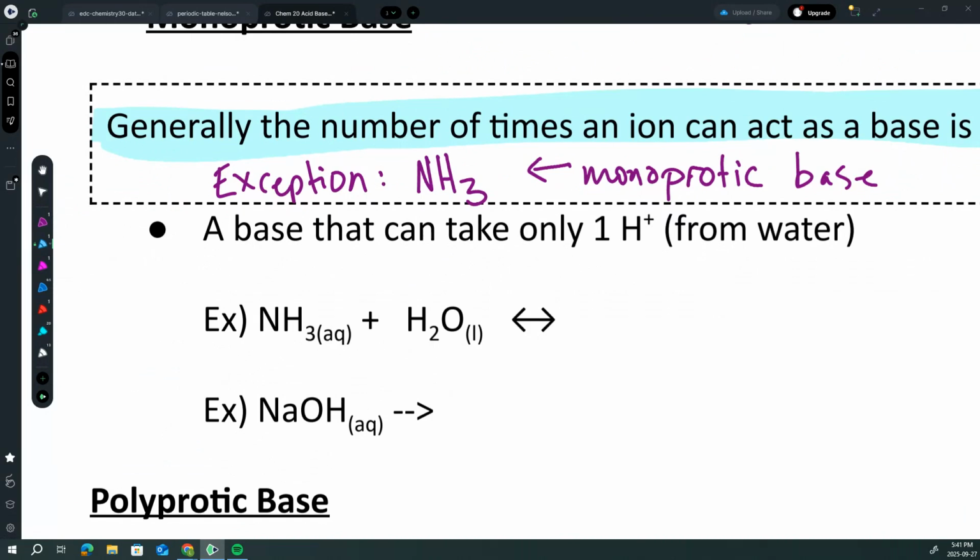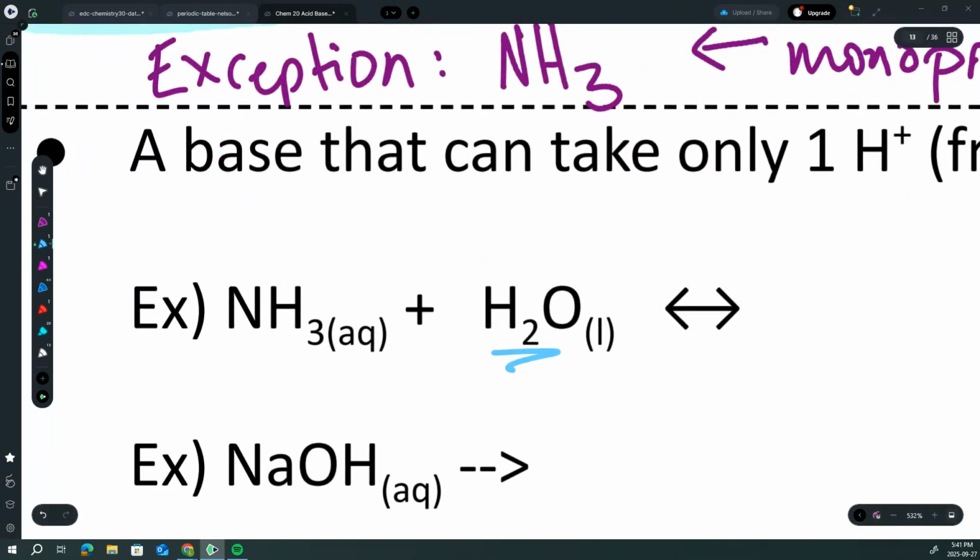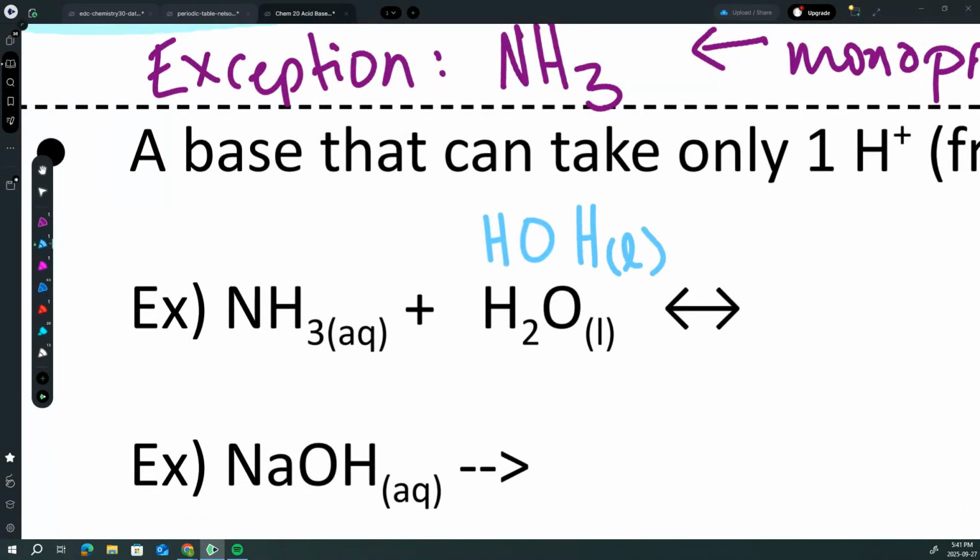So what we can do, and sometimes you can write water as H2O, but it might be a little bit helpful to write it as this. HOH is the exact same thing as H2O. Why? Because we still have 2 hydrogens and 1 oxygen. Okay, it's just written a little bit differently, and the reason why I'm writing like this is so that it's a little bit easier to see what I'm going to do here. Okay, so the hydrogen goes towards the base.